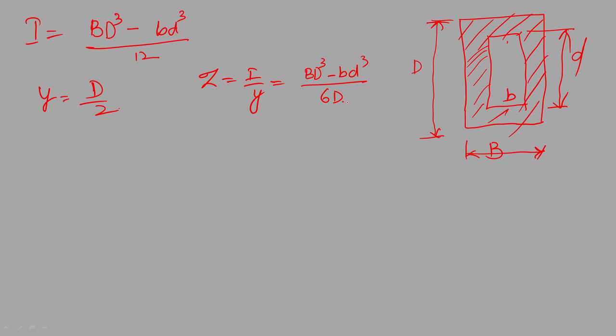Similarly, for a circular cross section, if you go through the calculations, you are going to get the same form here. Next one is moment of resistance.